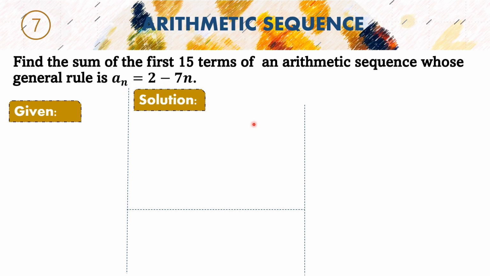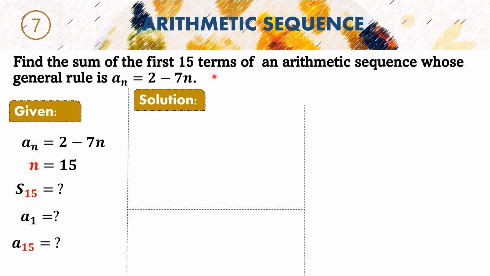The given is the nth term, or the general rule, which is a sub n equals 2 minus 7n. n is 15. S sub 15 is unknown. The first term is also unknown. Now, the last term is also unknown, which is a sub 15.